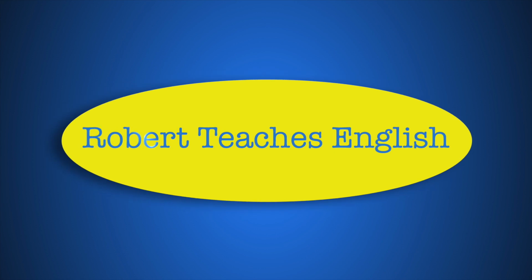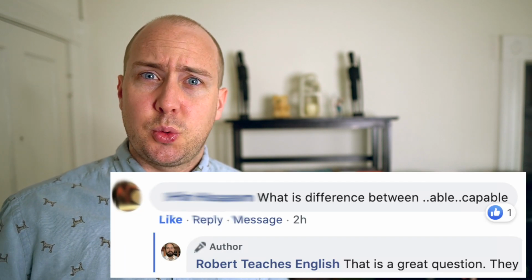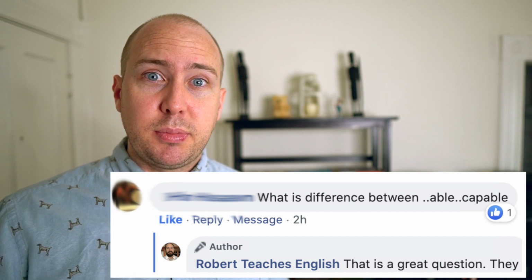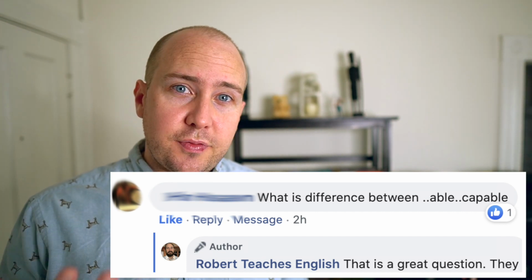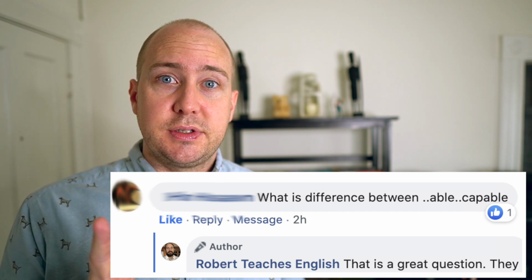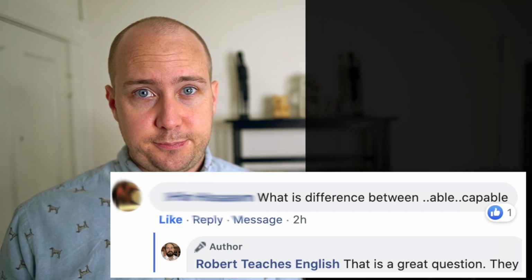Robert teaches English. The other day, one of my students asked me a great question. What is the difference between able and capable? These words are very similar, but I do find there are two main differences in the way that we use them.